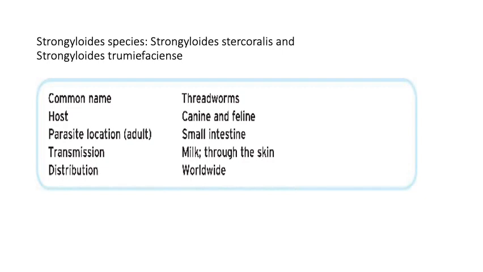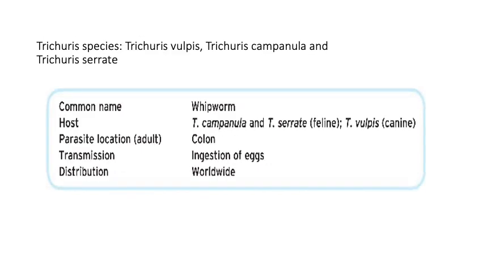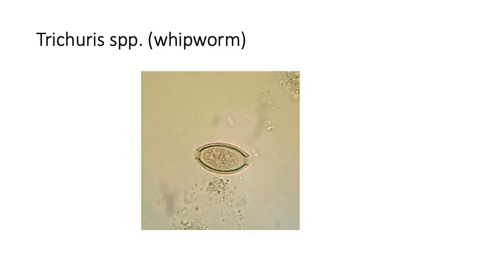Another group of roundworms are the Strongyloides species, or commonly known as the threadworms. Next are the Trichuris species, or the whipworm. So this is the picture of the Trichuris species egg that is characterized by the presence of bipolar plugs.